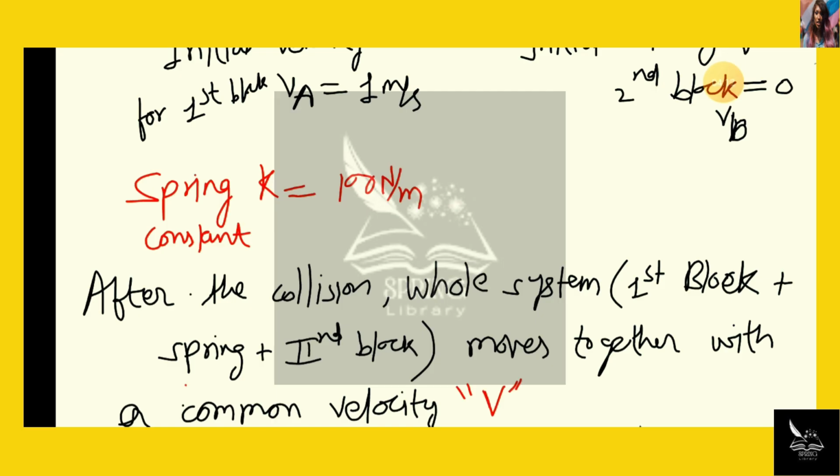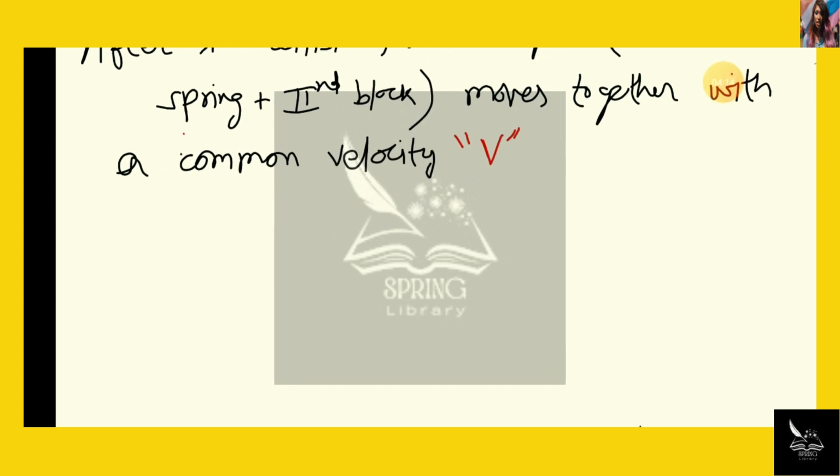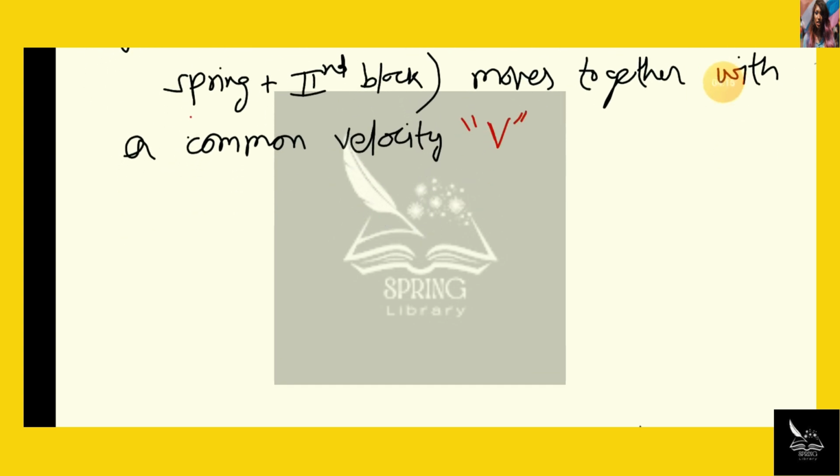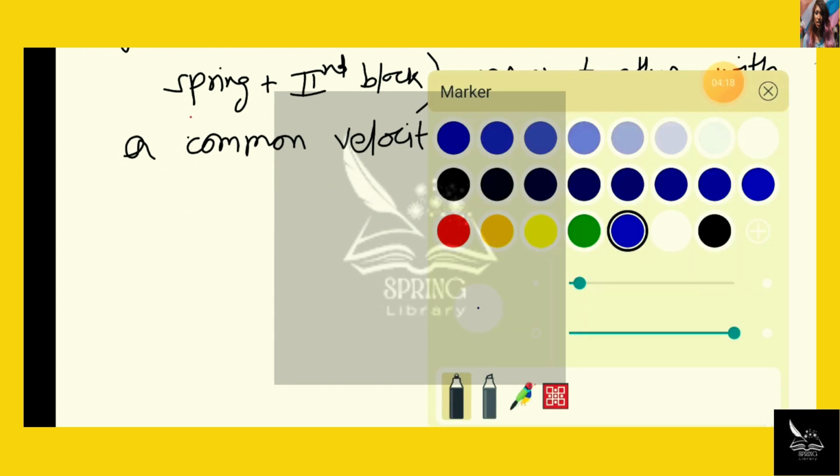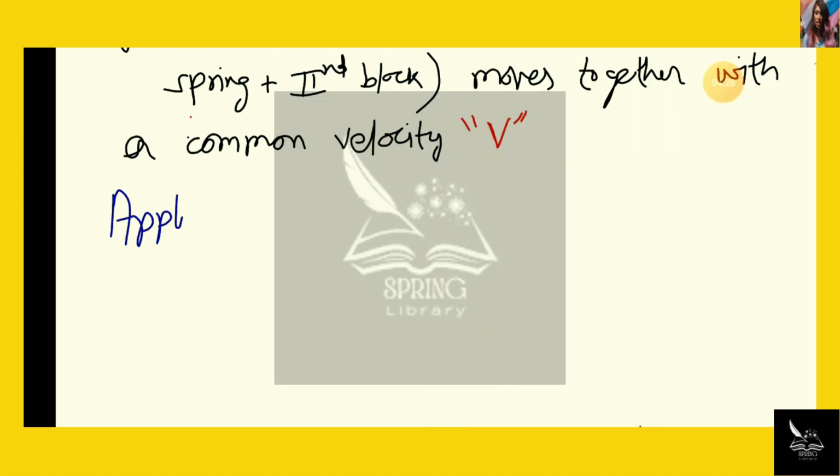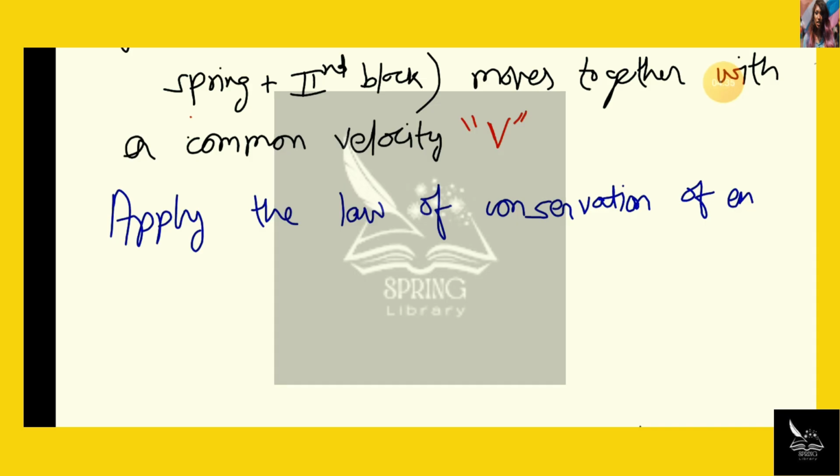Now the next step: here I am using the law of conservation of energy. Applying it, the total kinetic energy before collision is equal to the total kinetic energy after collision plus spring energy.